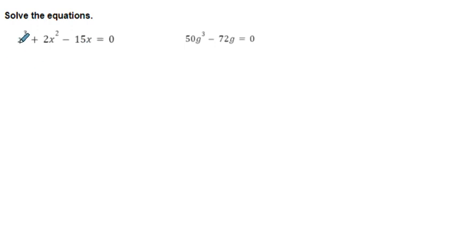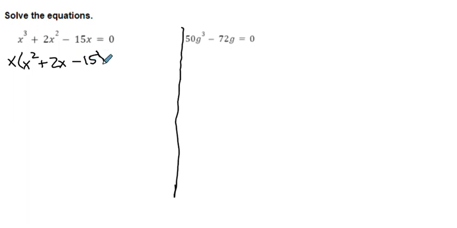So I have an x in all three of these terms in this first one right here. If I pull an x out, this side factors to x squared plus 2x minus 15 equals 0.